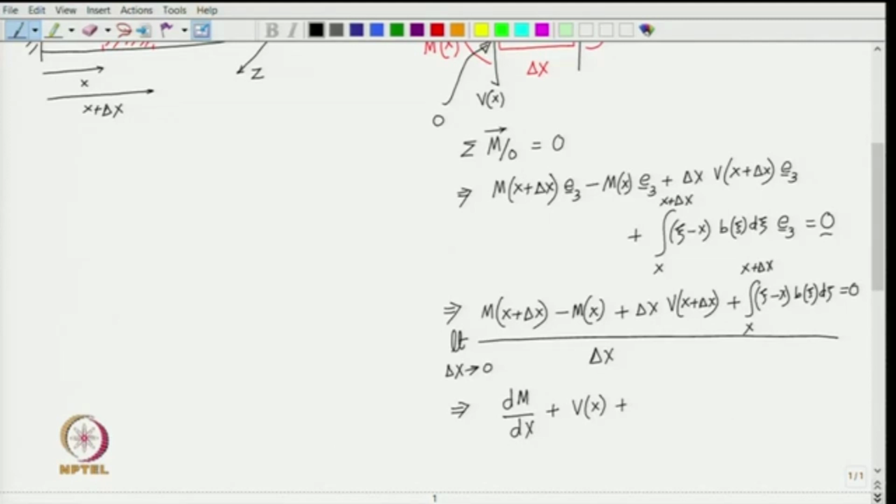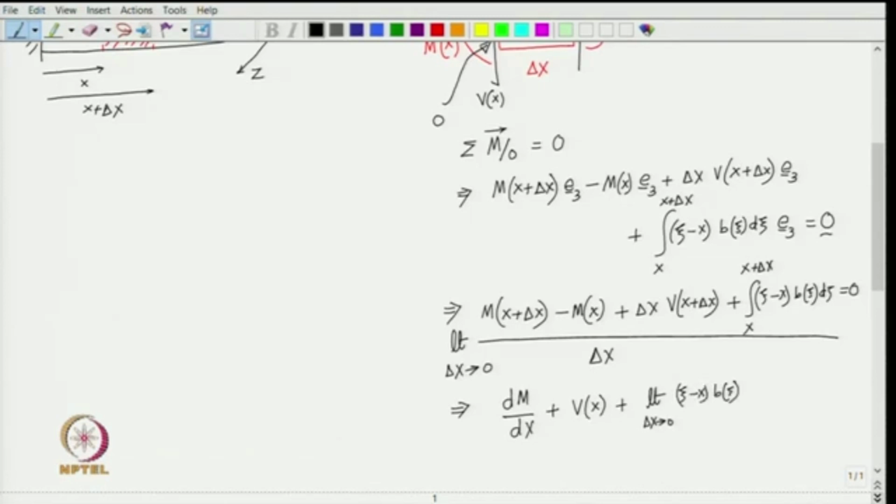Why is it so? Because you see the length of the integration, that is x to x plus delta x, so the length is delta x itself, and when you divide by delta x, then what you get in the limit is simply the integrand. So, you have to take the limit delta x going to 0 and then the integrand zeta minus x times b zeta.